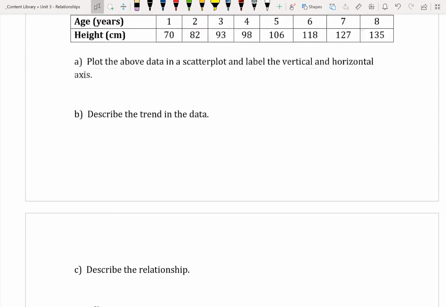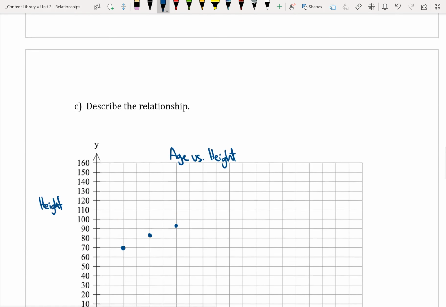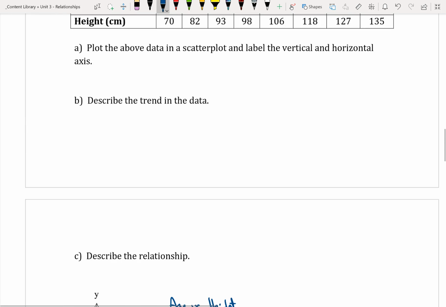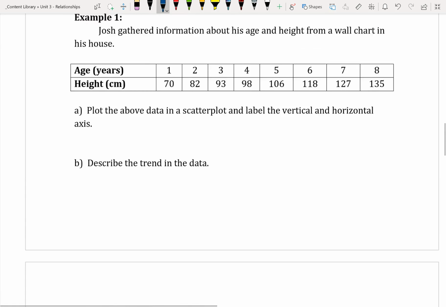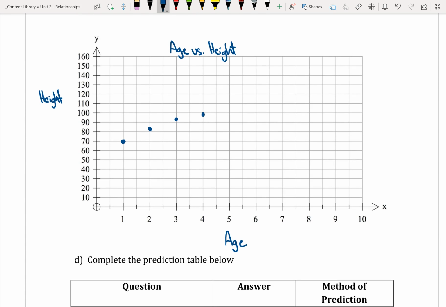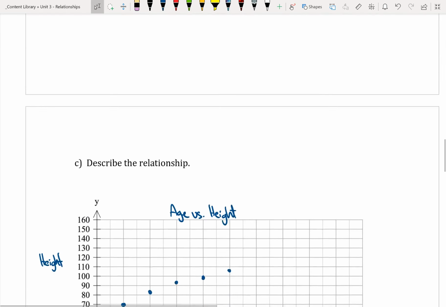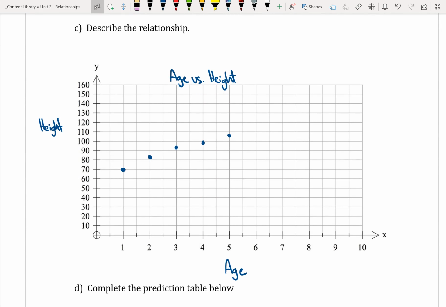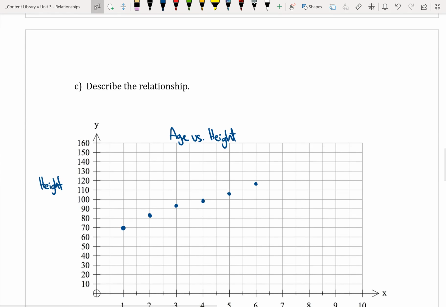putting it down. 3 and 93. 4 and 98. 5 and 106. 6 and 118. 7 and 127.